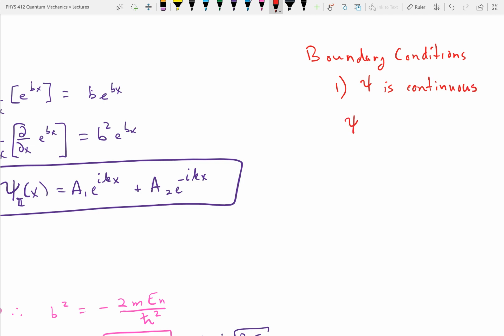So that means psi in region 1 at x equals 0 must equal psi in region 2 at x equals 0. Work for you? So that means that I would have, what is psi in region 1 for any x? 0 equals a1 e to the 0 plus a2 e to the 0.